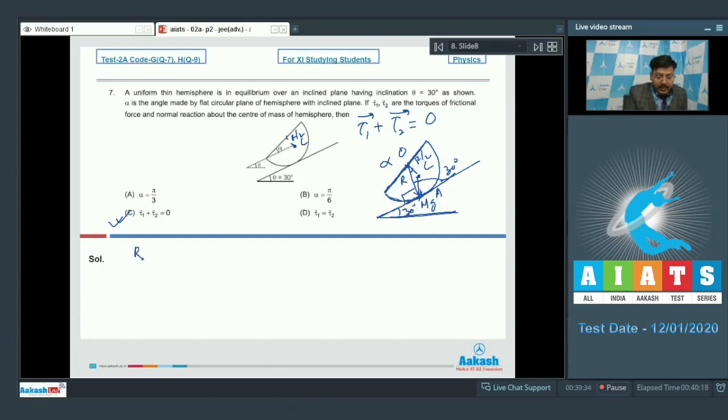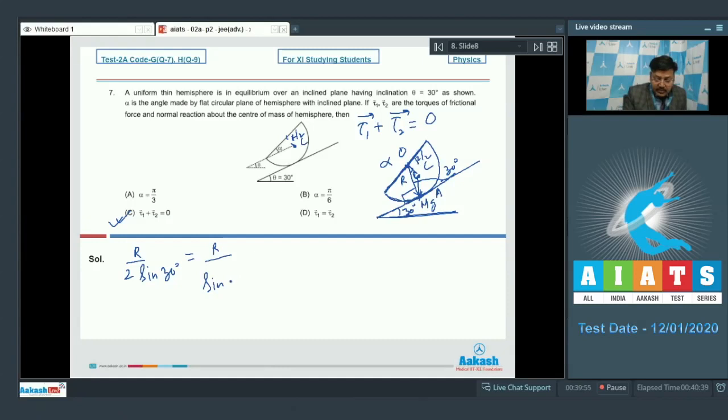We get r by 2 by sine 30 degrees equals r by sine of this angle, and sine of this angle will be the same as sine of 30 degrees plus alpha.